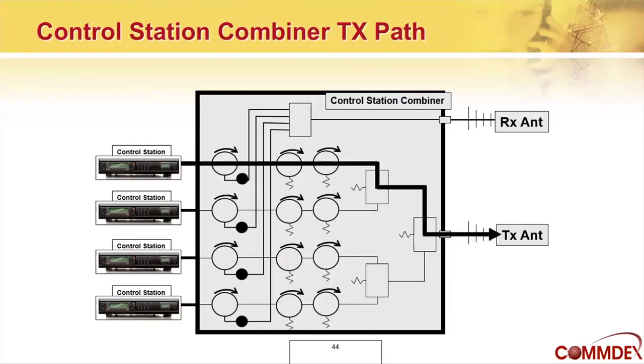On the transmit side, if any given control station transmits, it goes through port 1 to port 2 on the circulator, goes through the dual stage isolator, goes through a hybrid combiner, and out the transmit path. Not a lot of loss.